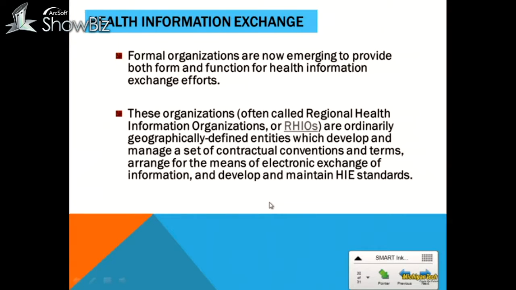In fact, there are some formal organizations now emerging to provide both form and function for health information efforts. These organizations are often called Regional Health Information Organizations, also called RHIOs.